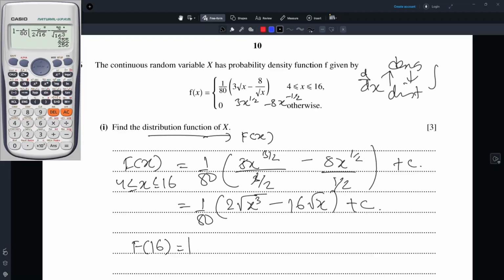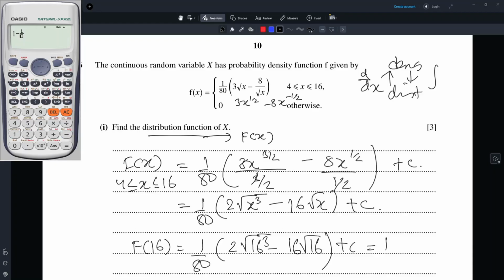Because at F of 16, we add all the probabilities together, including the one at 16, and the sum of all of them gives me 1. So I have 1 by 80, 2 root 16 cubed minus 16 root 16, plus c equals 1. From here, I just need to find the value of c.